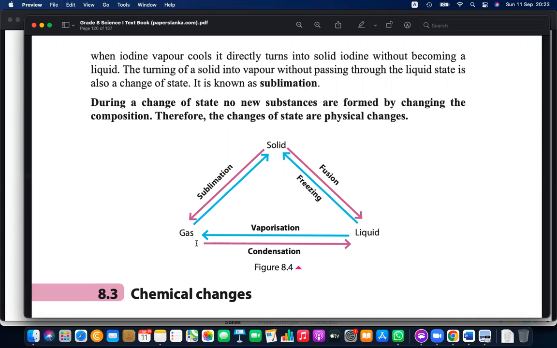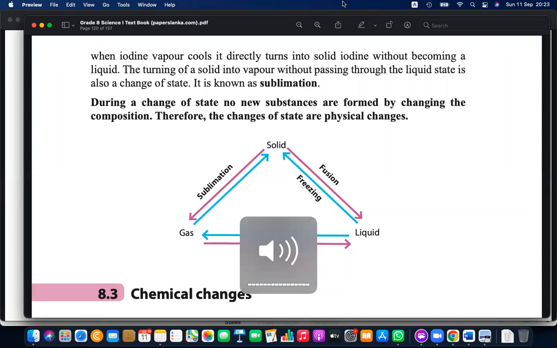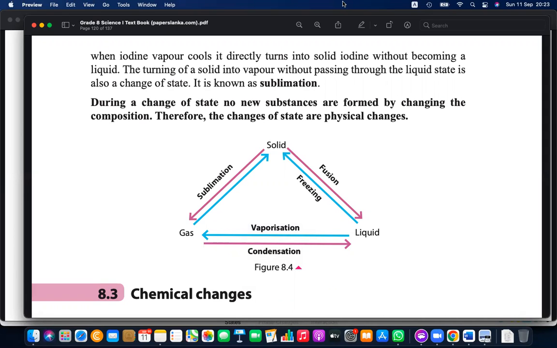Actually, I would like to ask you another question. This is happening in the plants also, no? I think you can remember there is a small experiment in grade 6.